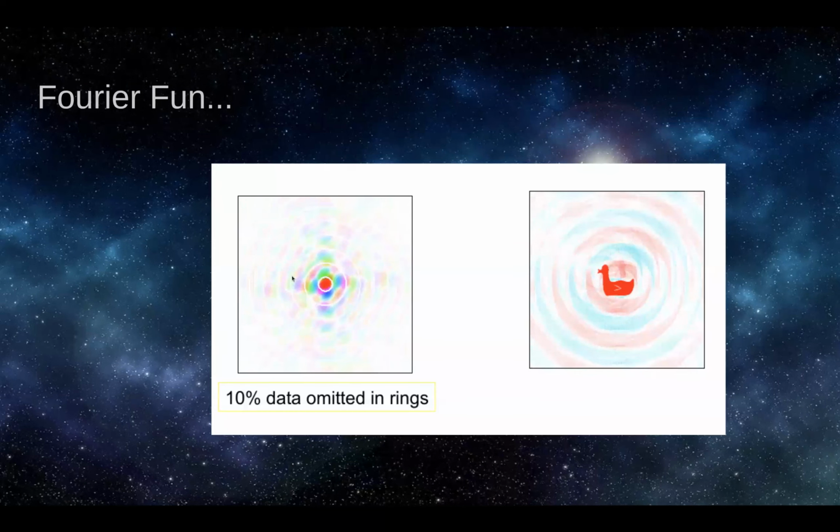You see here, we're basically doing what we do in VLBI. We remove Fourier information. So on the left, we take rings of information like this, and this affects our duck. It still looks like a duck, which is good, but we're getting a lot of noise now, right?